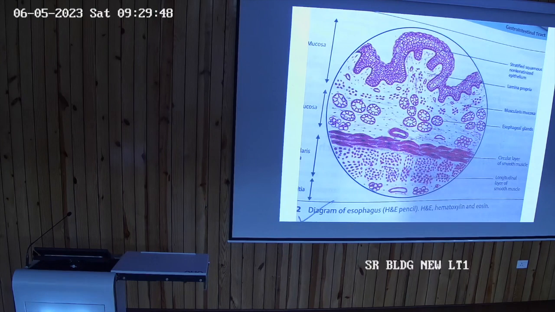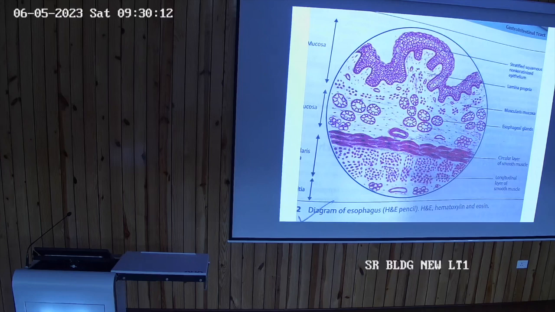Whatever slide of GIT we see will show these layers. One is mucosa. Below the mucosa, there is the submucosa. Third, muscularis externa. And outermost is serosa or adventitia.